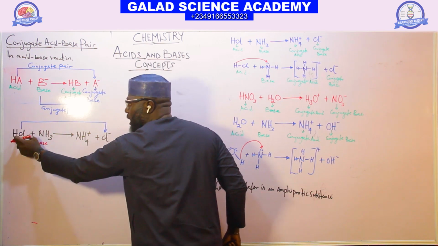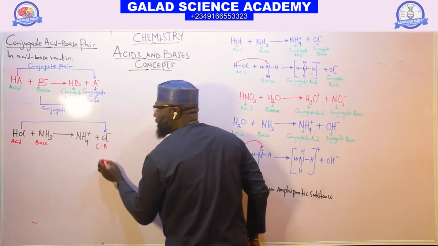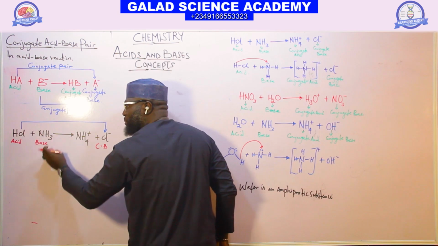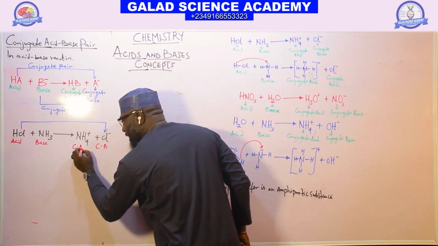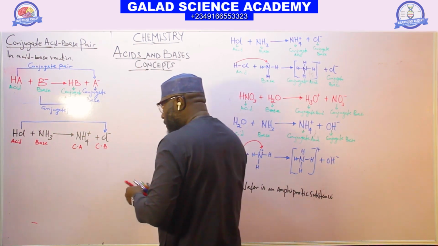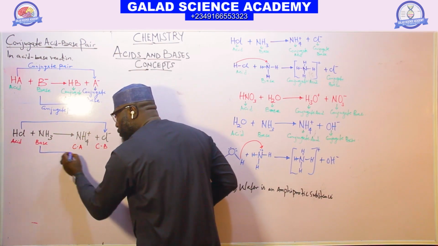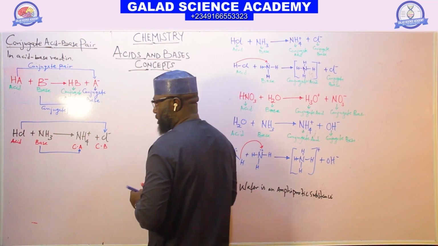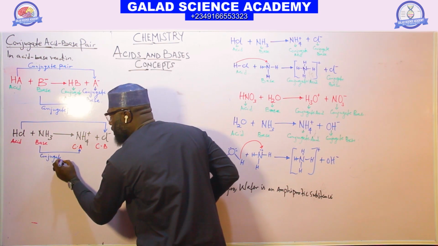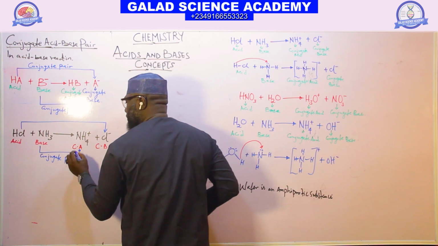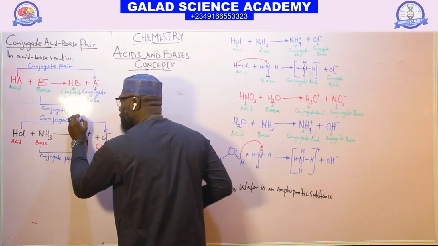When the acid releases hydrogen to the base, it becomes the conjugate base. When the base accepts a proton from the acid, it becomes the conjugate acid. This base is paired with this, so we call it a conjugate pair.